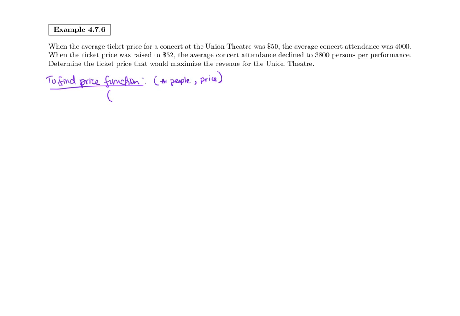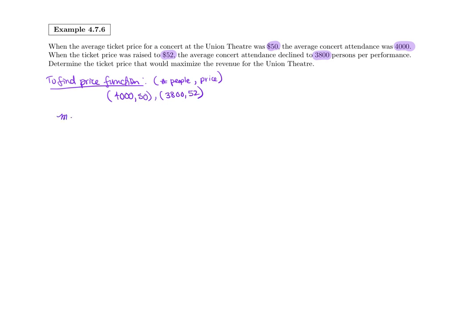We had 50 and 4,000 go together, and then 52 and 3,800. Notice they were given in reverse order. So we actually have 4,000, comma 50, and we have 3,800, comma 52. The way that we're going to find this price equation is we're going to have to find the slope, and then we can use point slope.